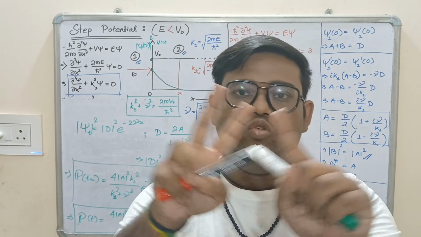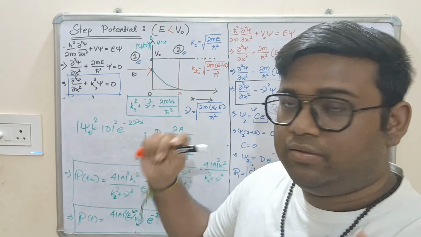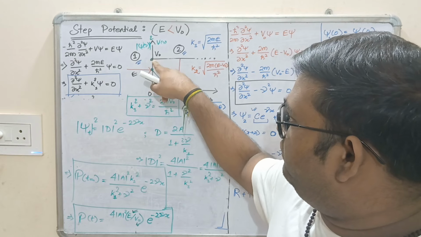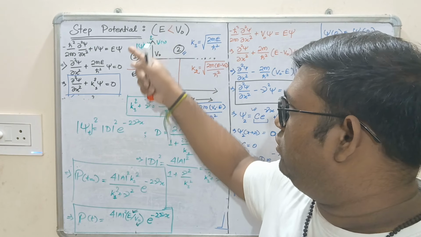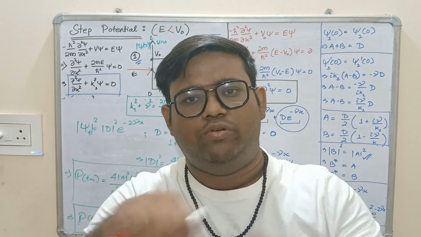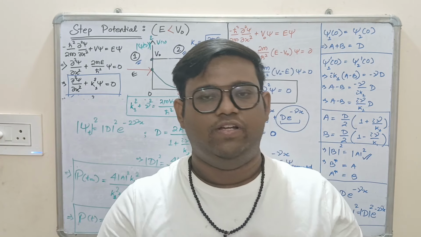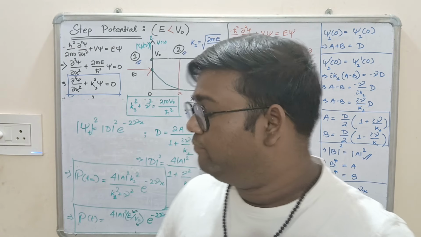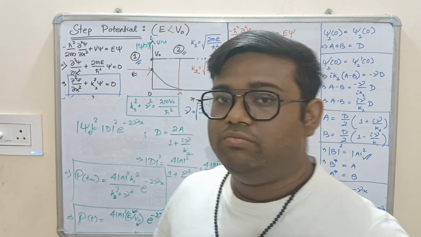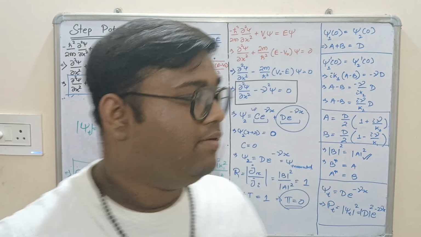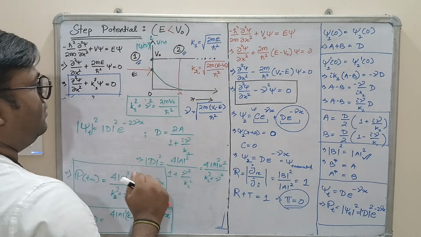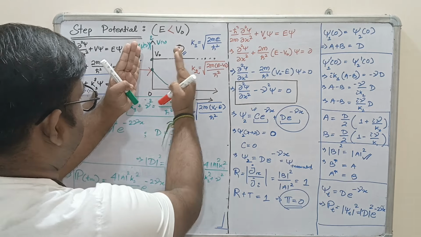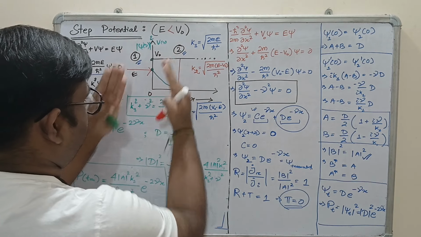In that, we'll study two parts. Just like before, we'll study a part where V naught is less than E, which is E greater than V naught. That is part one. There also we'll calculate the coefficient of reflection, the coefficient of transmission, all this. Then we'll come to the part where the energy of the particle is less than V naught, and the barrier has a limited length.